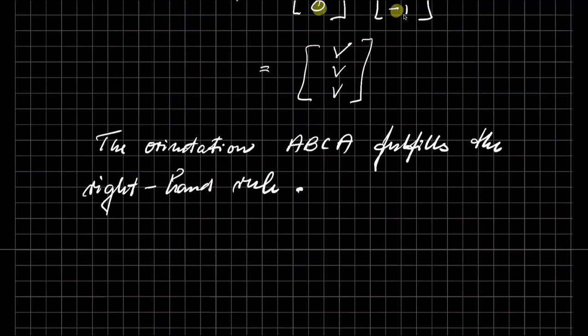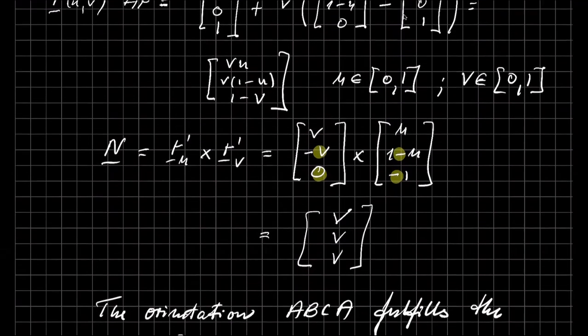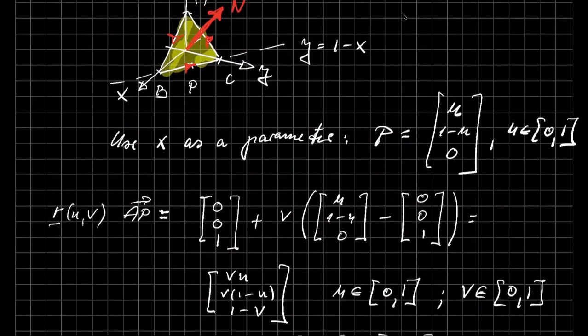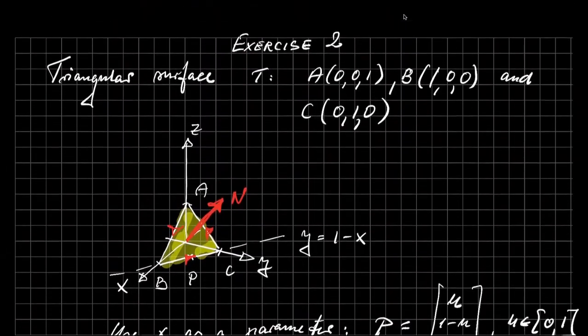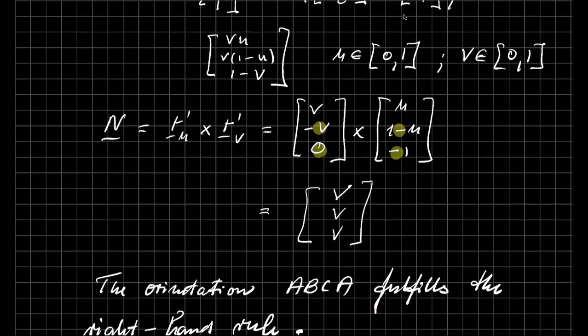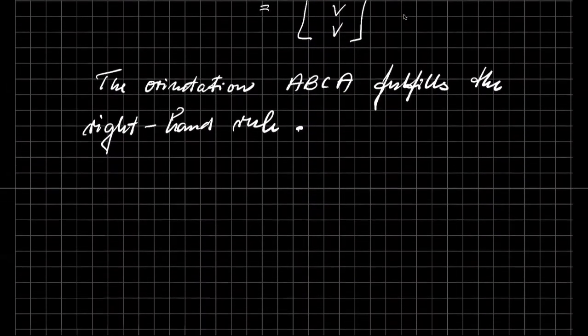Now, in order to continue, we have a vector field. I write the vector field here: z, x, y. In order to use Stokes, we need to calculate the curl of the vector field.